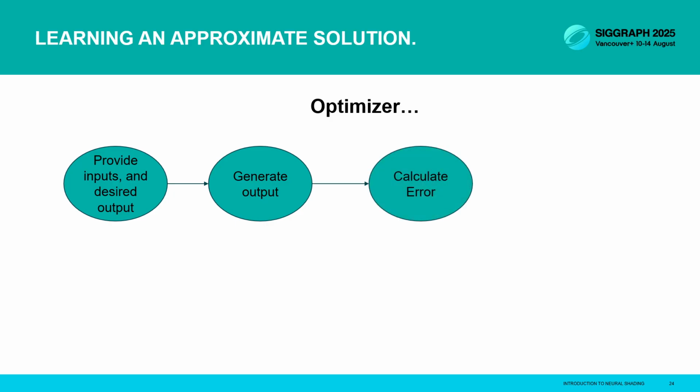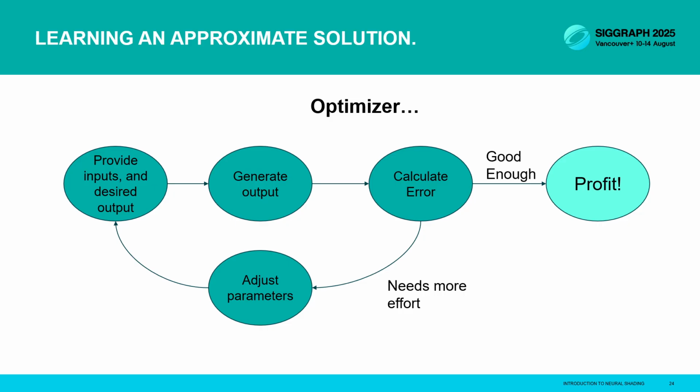And we calculate how wrong our outputs are. If we're close enough, we can say, problem solved, and we've got something we can use. If not, we have to tweak those parameters that control the model, and then we try again. Hopefully with the right numerical techniques and enough iterations of this process, we end up with a model that's usable in production.